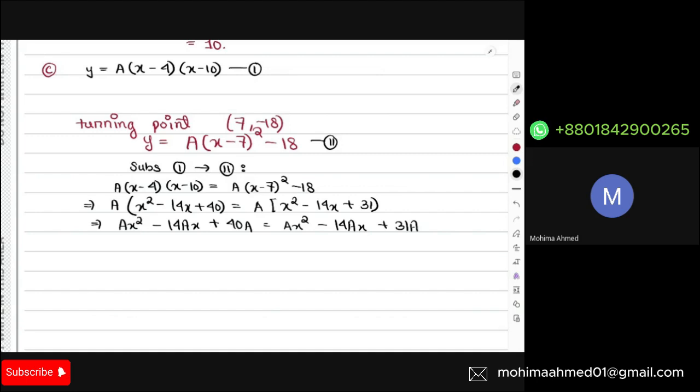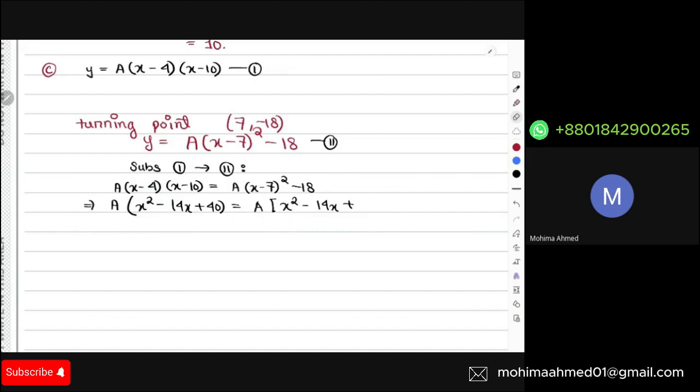In that case, what can I do? Oh, there's actually a mistake I made. Over here, a was multiplied with only the (x minus 7) whole square, not with 18, right? That's why the answer was not coming out correct.